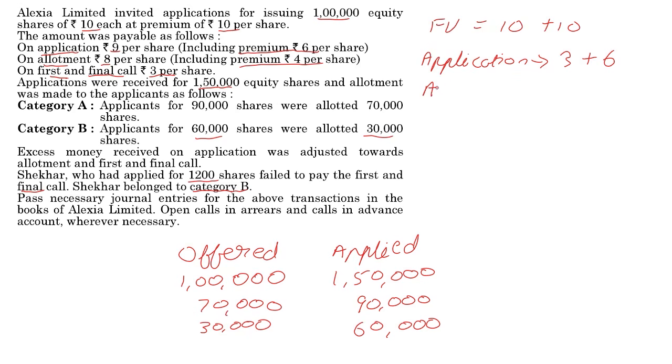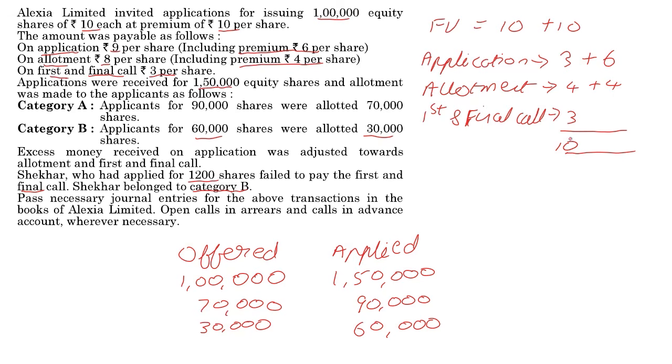Then we have allotment, which is 8 per share, including a premium of 4. So if premium is 4, that means face value will be 4. And then the first and final call is 3. Now I will add it up. 3 plus 4 is 7 plus 3 is 10, and 6 plus 4 is also 10. So 10 plus 10, and we have looked after everybody.